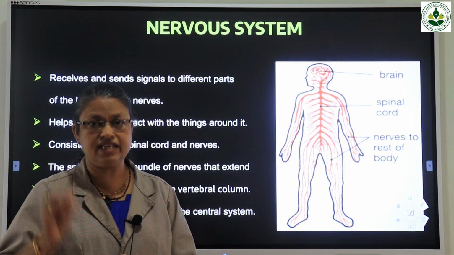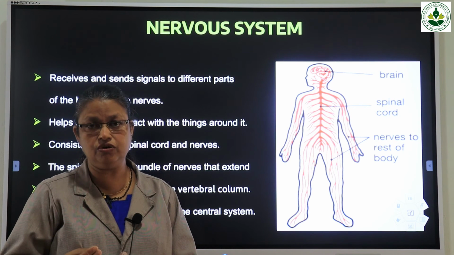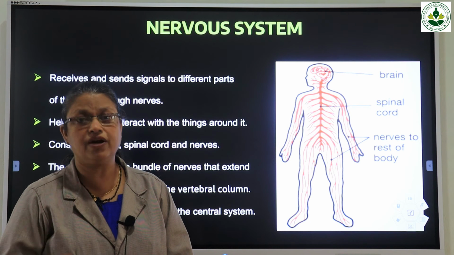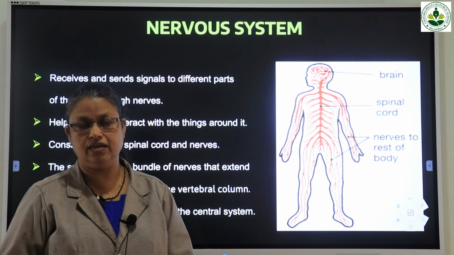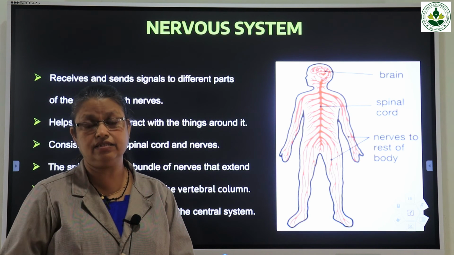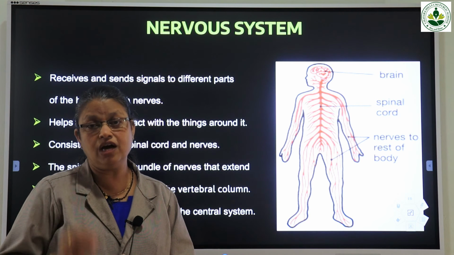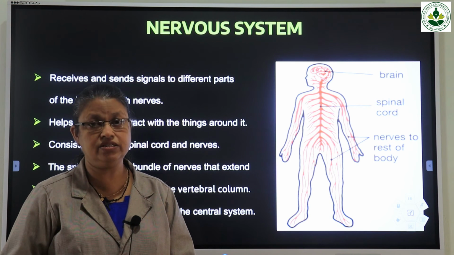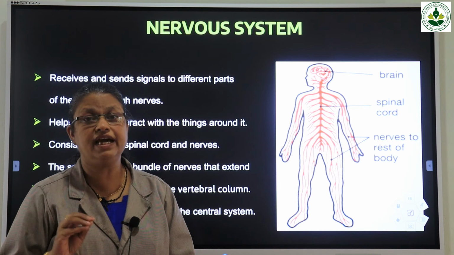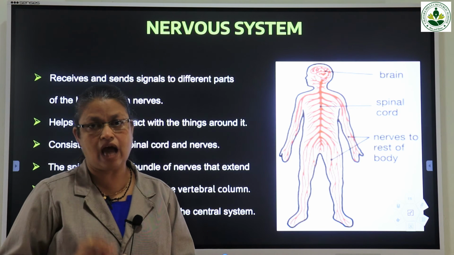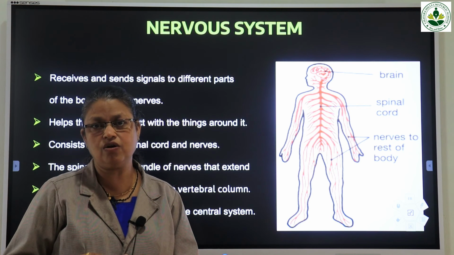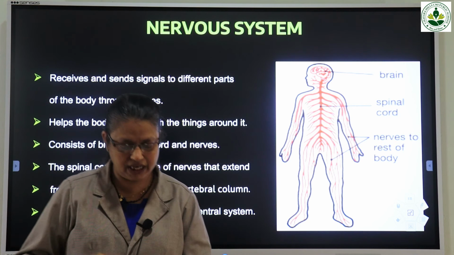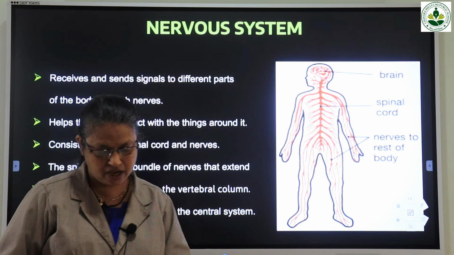It sends messages and instructions to all the body parts to perform their function. The brain sends messages to all our body systems, organ systems, and body parts to do their work, and it is happening through the spinal cord and nerves. Okay. So that is the function of the nervous system.